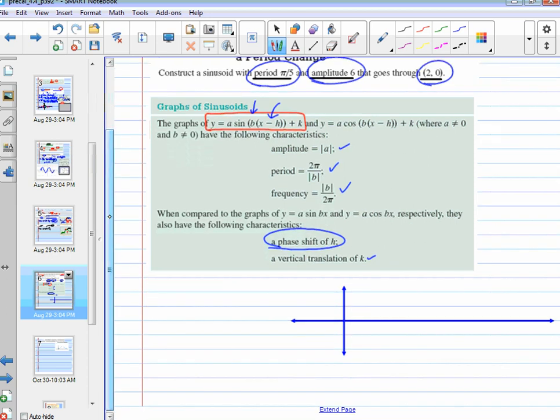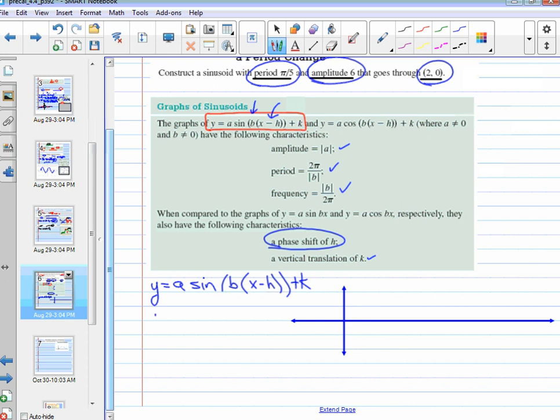Okay, if I start with this form of the equation, y equals a sine, and when they ask us to write a sinusoid, write the sine one. Even though a cosine graph is also a sinusoid, we write it in the sine form. A sine, b parentheses x minus h parentheses plus k. We're going to fill in numbers into this form so that it fits all the things they've talked about right up here. Well, let's start with the period.